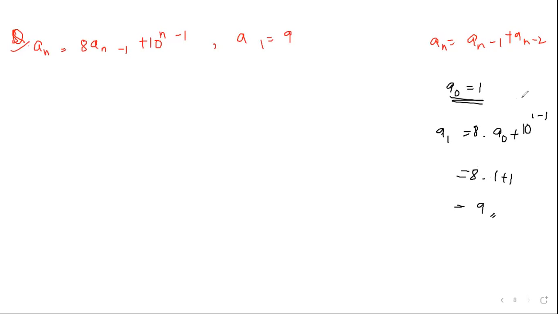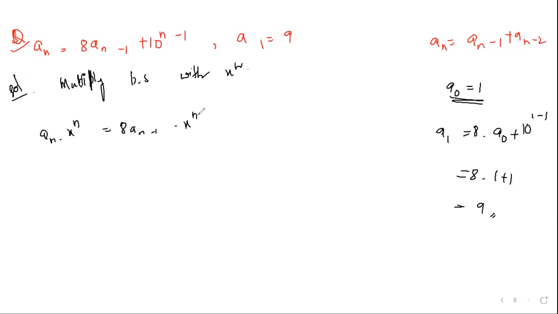Okay, now what should I do? I am multiplying both sides of our equation with x^n. So let's write the solution. Multiply both sides with x^n. So a_n into x^n is equal to 8a_{n-1} into x^n plus 10^{n-1} into x^n.